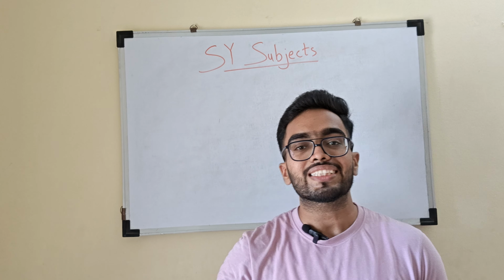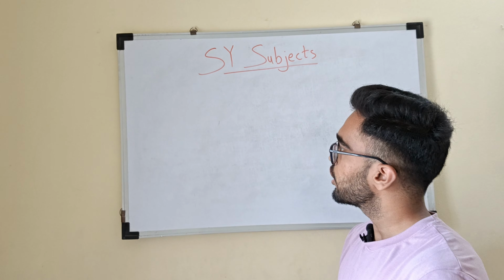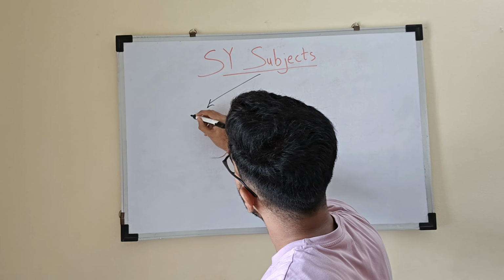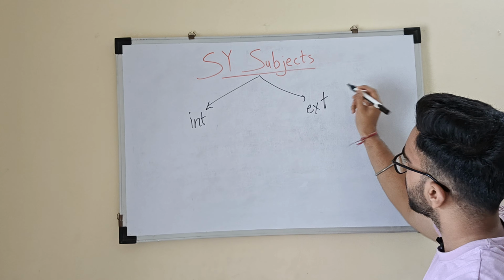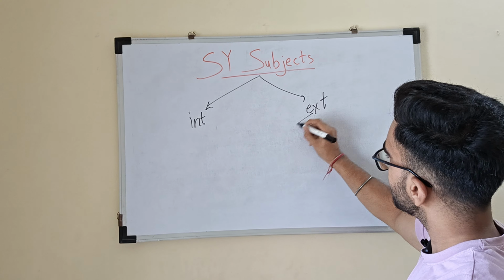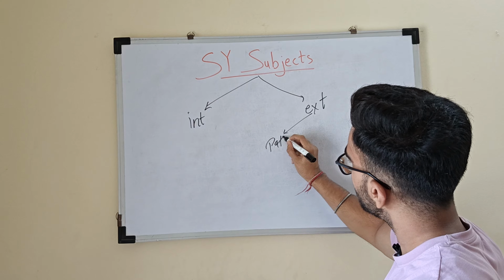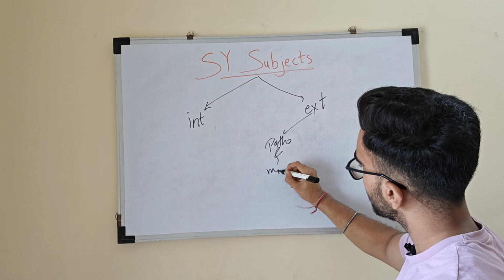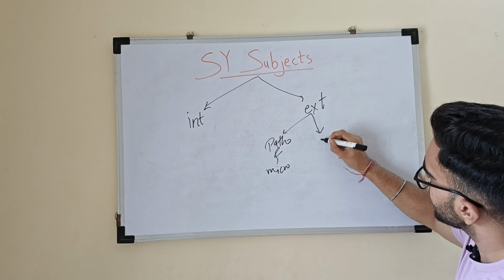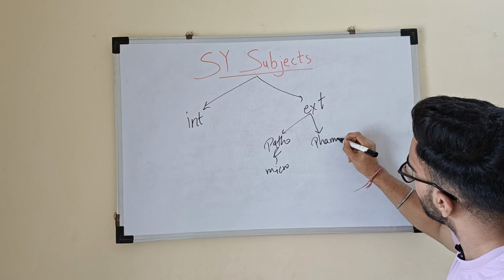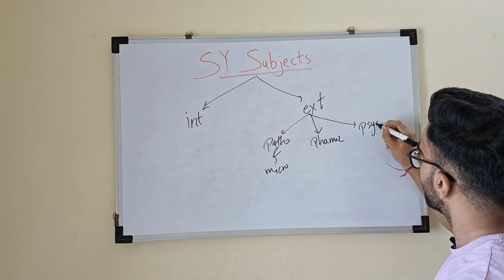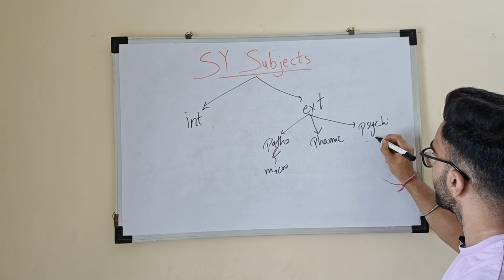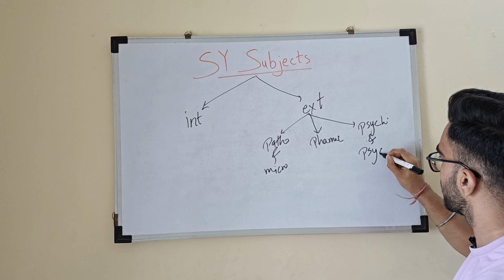So now talking about the second year subjects. These include internal subjects and external subjects. Okay, in external subjects we have pathology and microbiology. Next we have pharmacology, and the third one is psychiatry, including psychology.